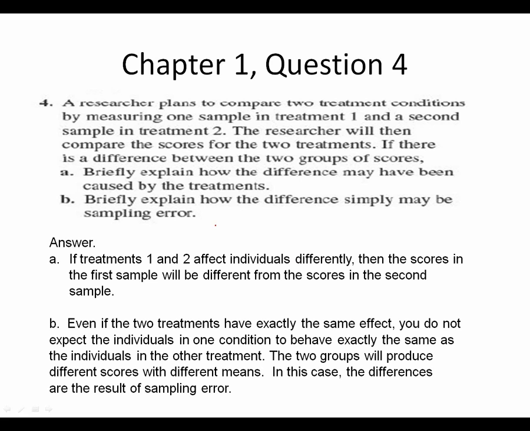So let's say we're testing heart medicine, and we have heart med A and heart med B, and we have a sample of 20 people in each group, and we give heart med A to the first sample and heart med B to the second sample.